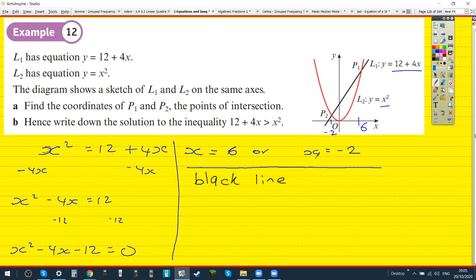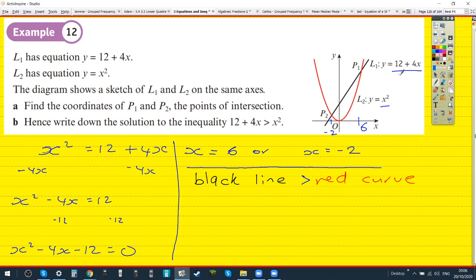6. Less than 6, bigger than 6? Greater than 6. Yeah, when x is greater than 6, and is there any other part? When the red line is higher up. No. It goes under the curve.